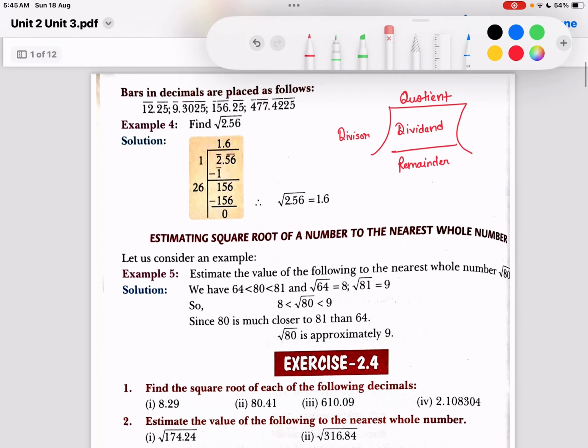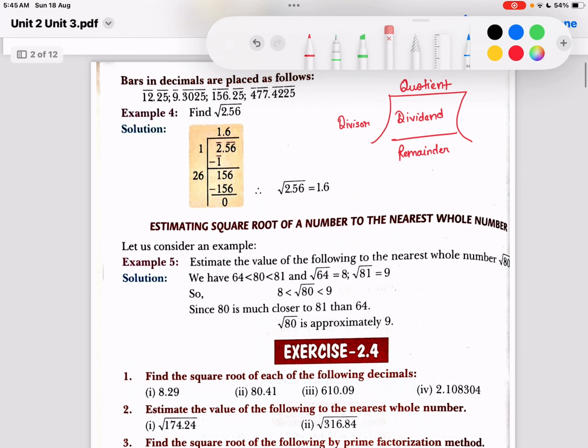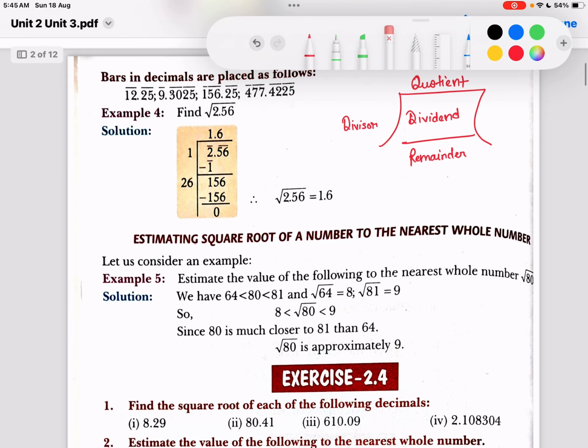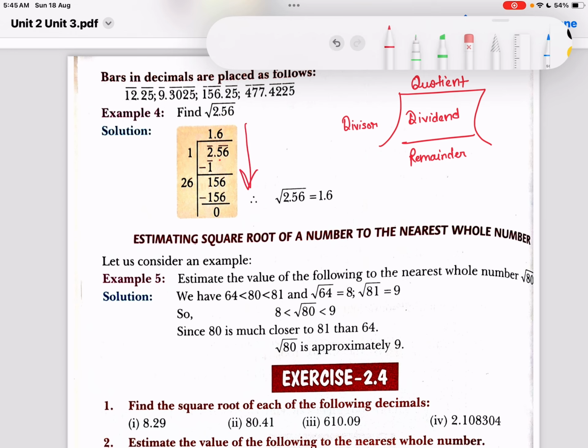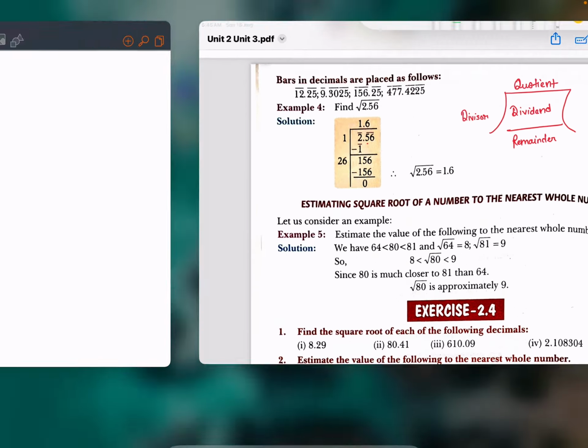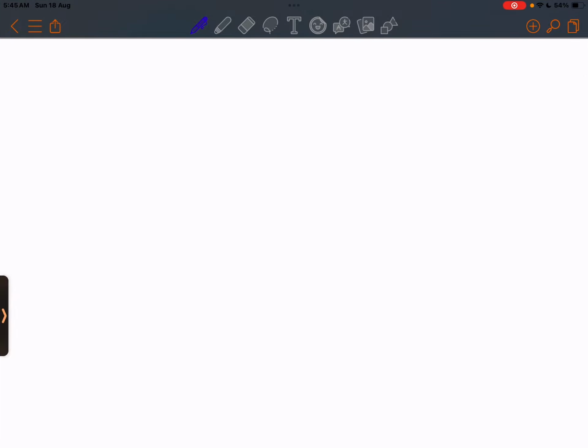Now we move further and let's see an example. In finding the square root of 256, the integral part is 2, the decimal part is 56. So we have proceeded in such a manner. For example, if I tell you how to find the root, then just concentrate here.